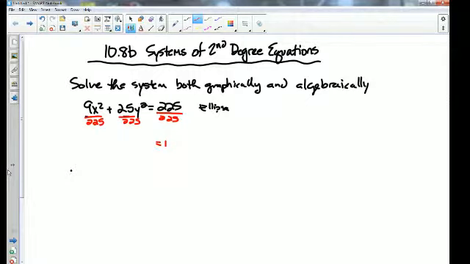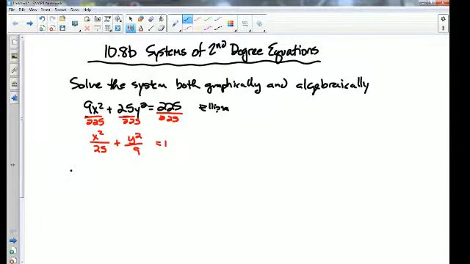What's 225 divided by 9? 25. Yeah. And that means this one is 9. Okay. So that is our graphing format, right?